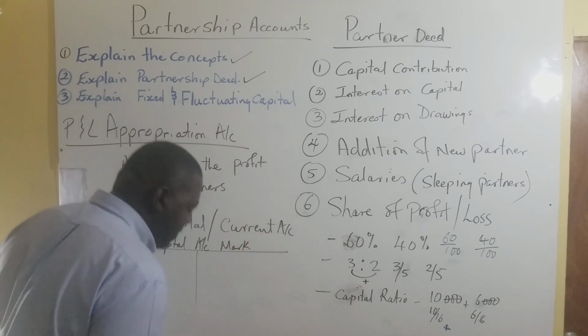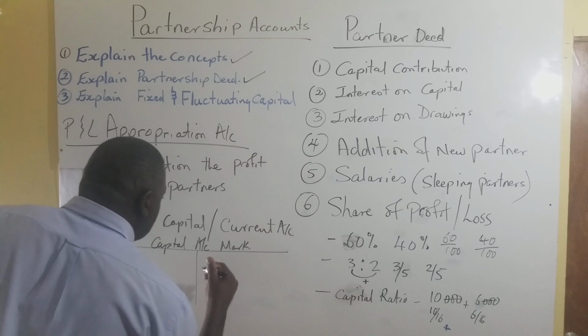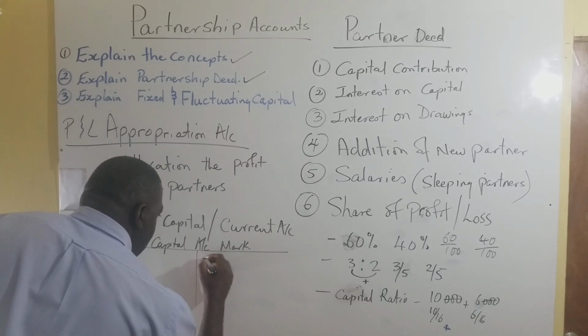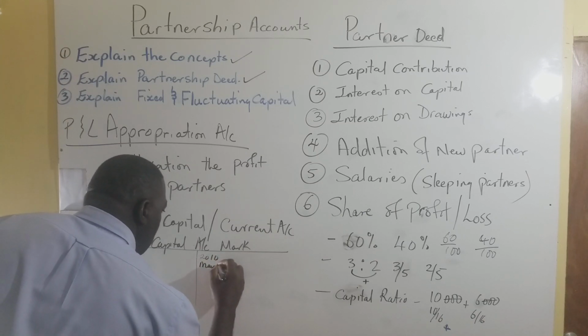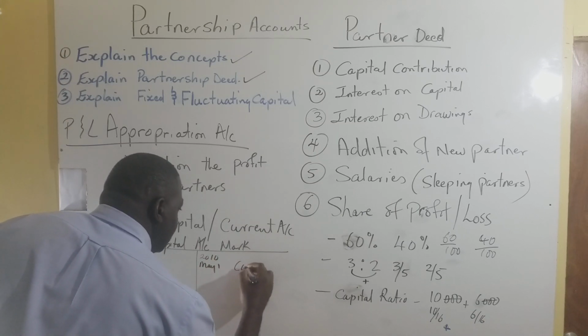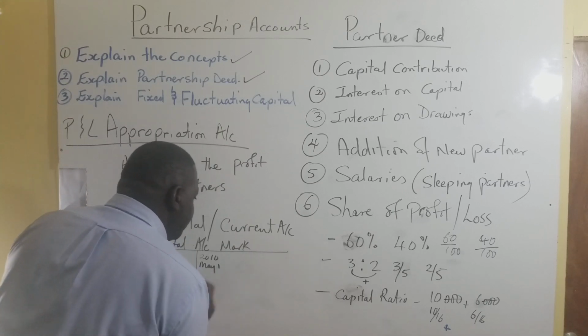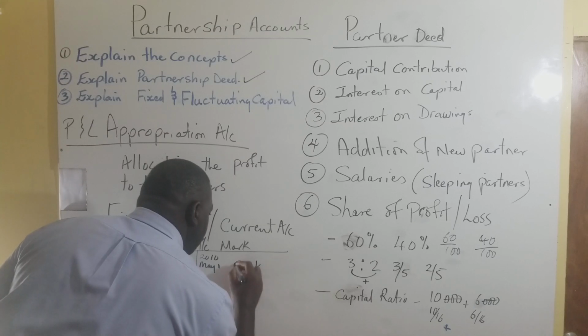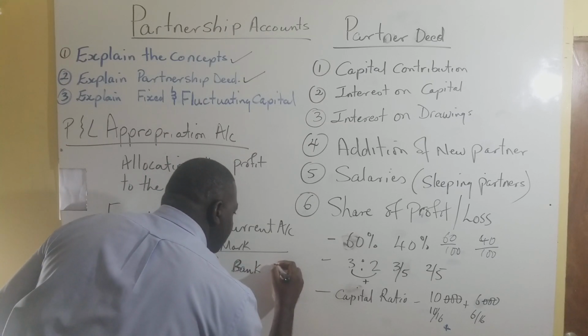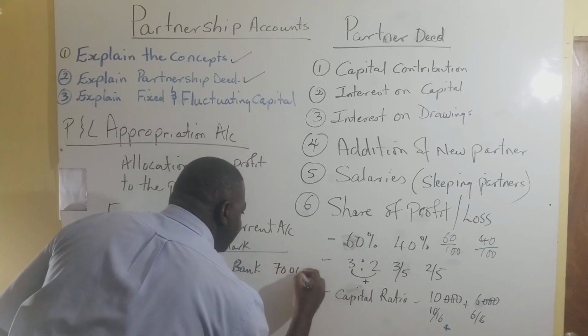And Mark is one of the partners. And so, Mark entered the partnership, let us say 2010, May 1. And he had introduced the money that he put into the business in the bank. So it is bank. And he placed into the business $70,000.